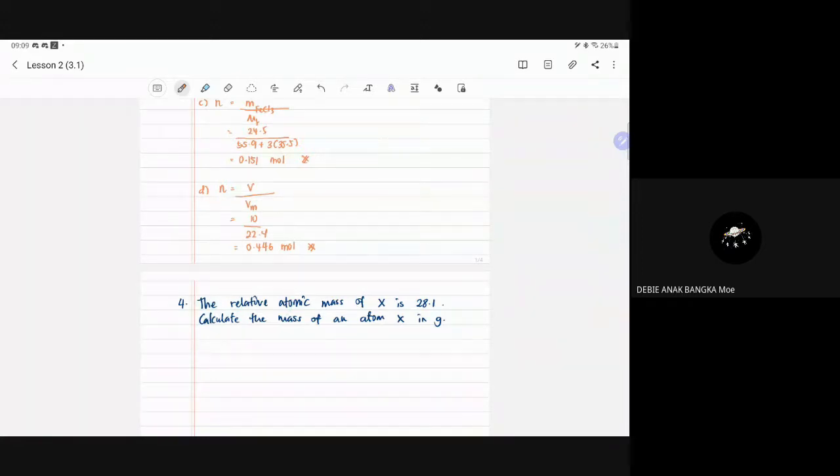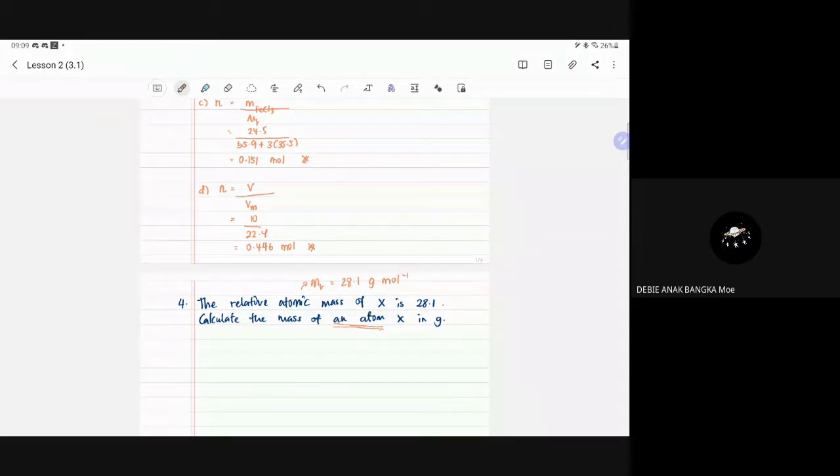Now, soalan ni kalau kita tengok, the relative atomic mass of X is 28.1. So relative atomic mass dia ataupun Mr dia, it is 28.1 grams per mole. Calculate the mass of an atom. Dia nak kamu kira jisim satu atom sahaja.